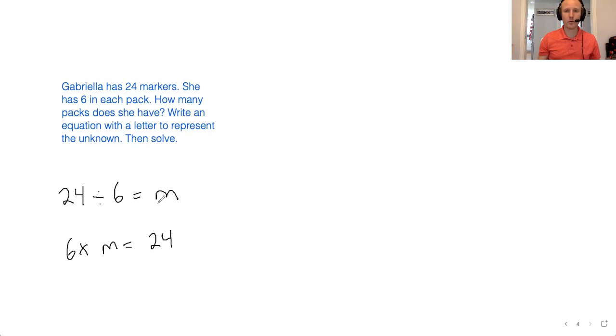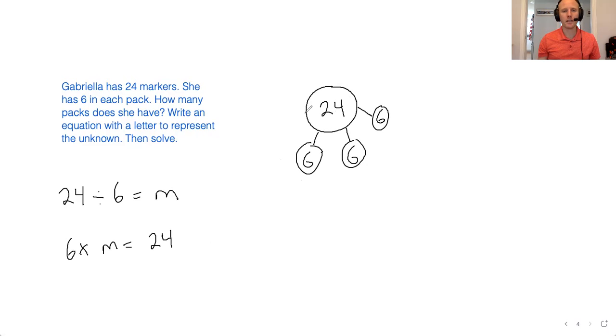But for a minute, say you've forgotten that, we could break this into, let's see, I could have, we'll do a number bond here, 24, and I know I have 6 markers in each, so 6 plus 6 is 12, plus 6 is 18, plus 6 is 24. And we found out that we had 4 groups there, right?